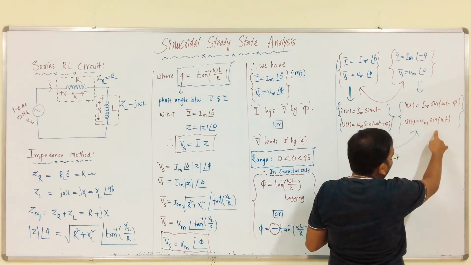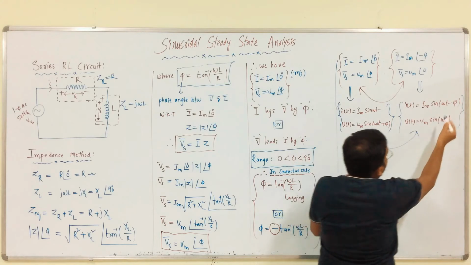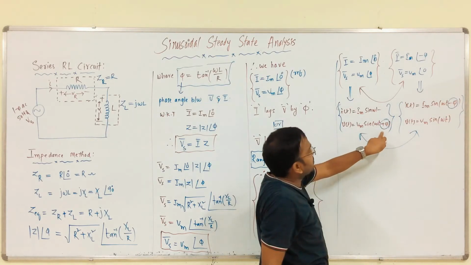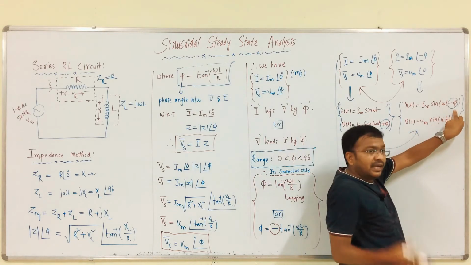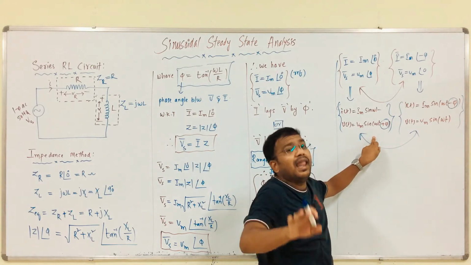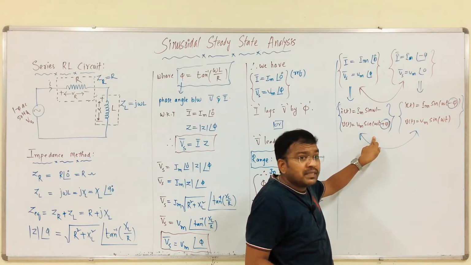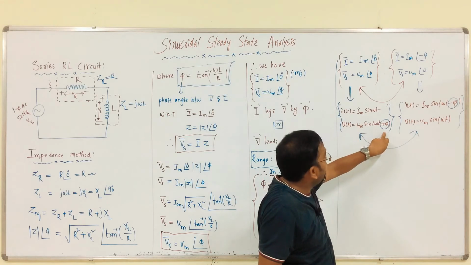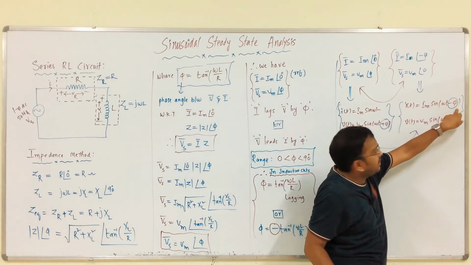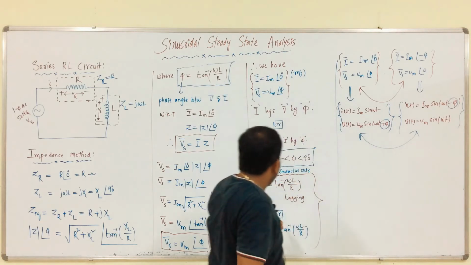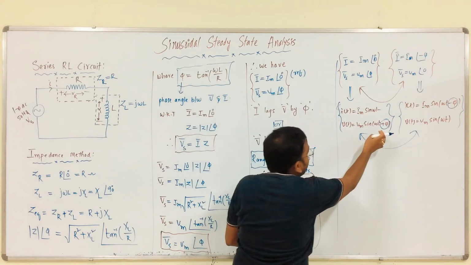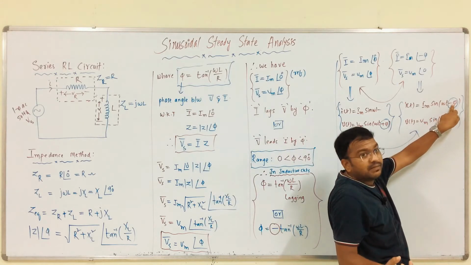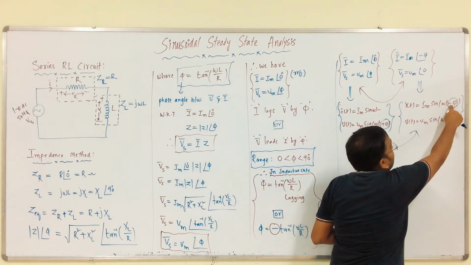Here also current lags voltage by phi. This is the angle, right? We are representing with plus phi here, and minus phi here. In any case, the angle is a lagging angle only. On what basis do we say this? With respect to the current phasor, current lags voltage by phi. Here also current lags voltage by phi. That is the meaning involved in this. In this representation, it is taken as plus phi; in this representation, minus phi. Here, with respect to current, we got minus phi.